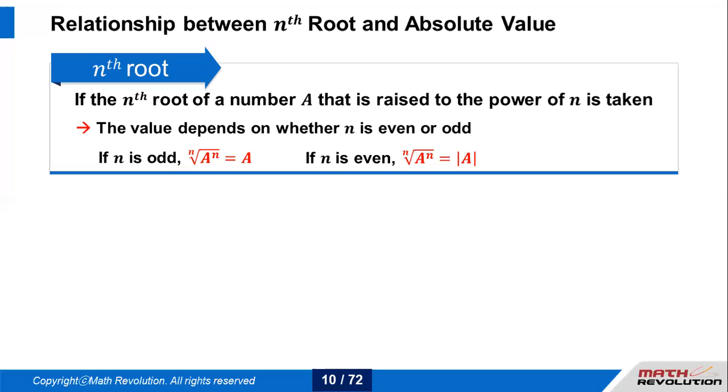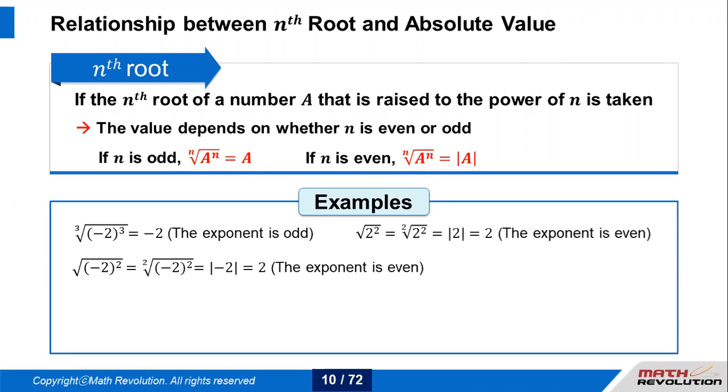So, if you're taking an nth root and raising a power, if your n is odd, it becomes a, but if your n is even, it becomes mod a. In this example, where -2 is under a cube root and raised to the power 3, 3 being an odd power, my result would be -2.